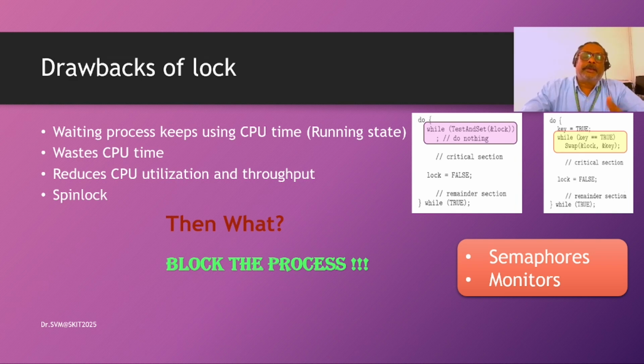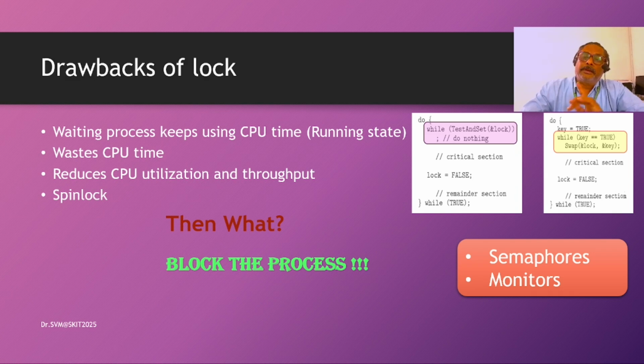What is expected now is that one process wants to enter the critical section and finds that it cannot enter, so instead of being in the running state or the ready state, it goes down to the sleep state.